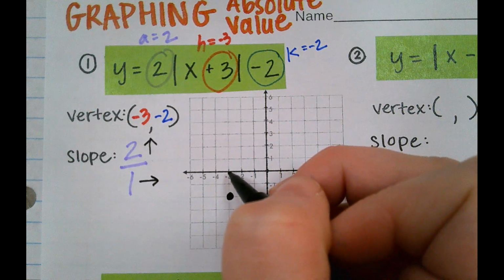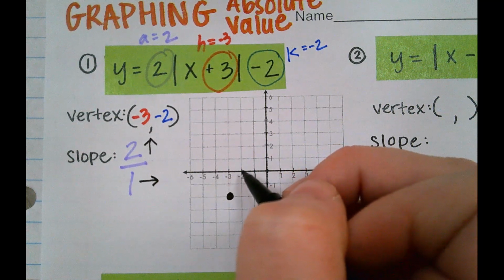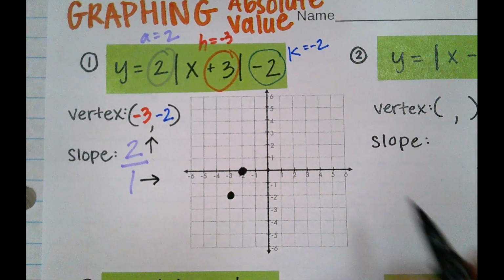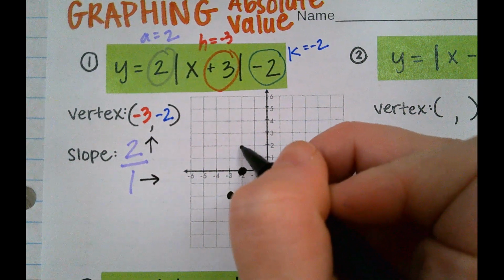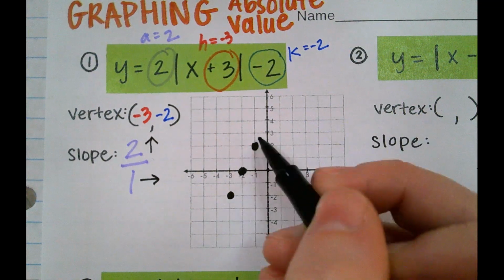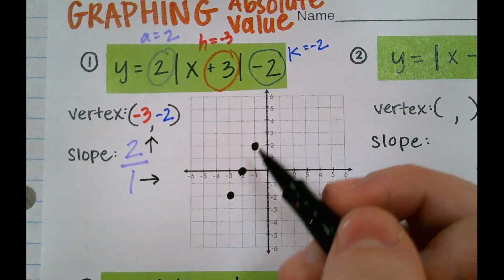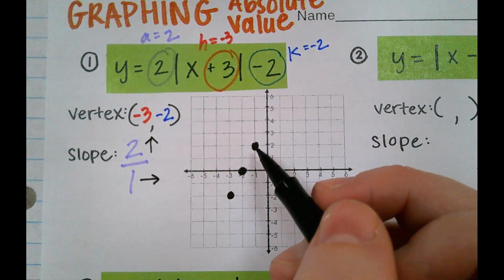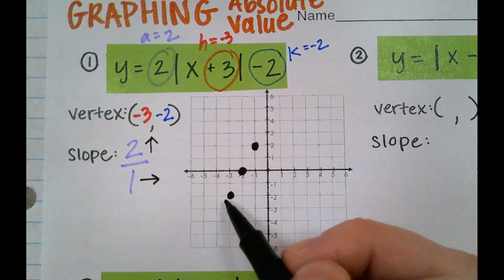Now I'm on the x-axis. Over 1. There's my next point. I'll go up 2 again, over 1. Now I have 3 in a row. Once I have 3 points, where do I go back to? My starting point, my vertex.